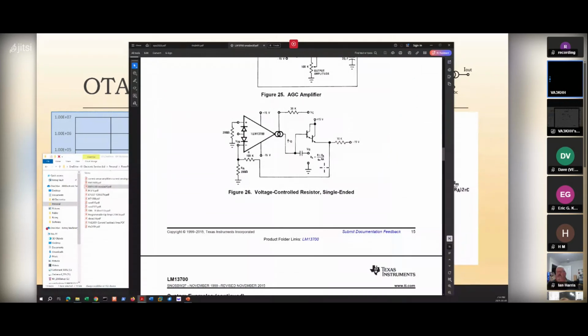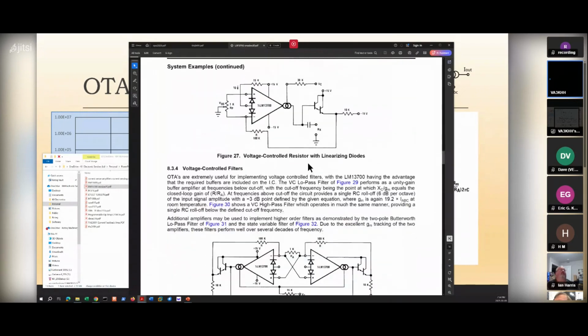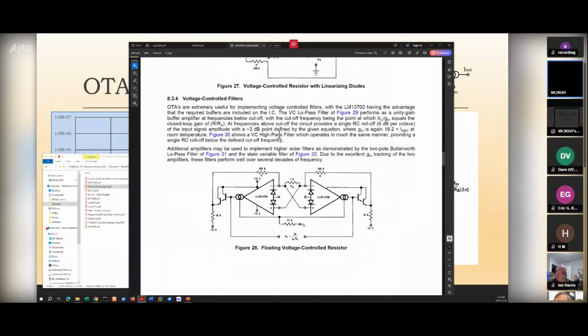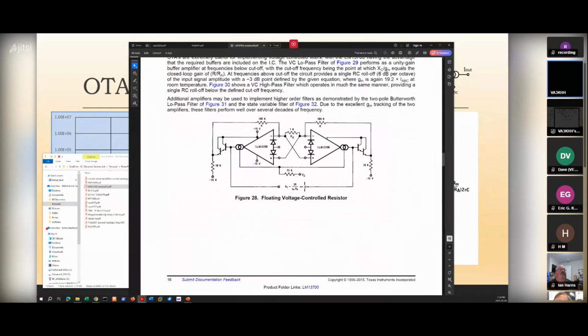This one is interesting, and I want to try this too. There are a couple of variations of this, but by doing this, you simulate a resistor here, where your resistance is a ratio of these resistors and the gain of the circuit, or the current you're putting in for the signal to control the GM. They have a single-ended version, referenced to ground or common, and they also have a floating version.